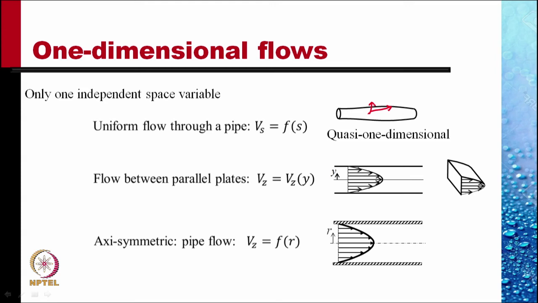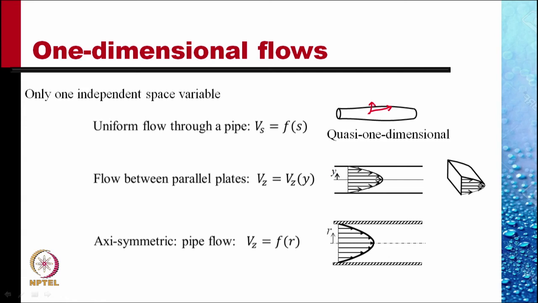Flow between two parallel plates. The distance between the plates is constant, and so there is only one component of velocity, Vz, and which is a function only of y, the distance in the vertical direction. It is not a function of x.